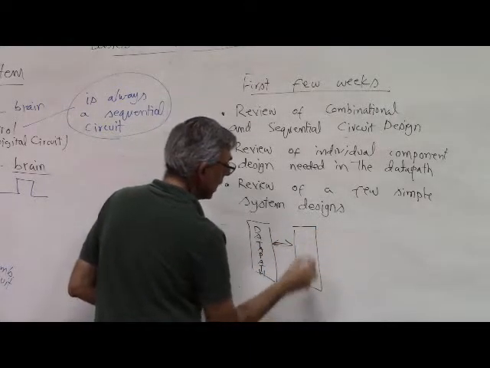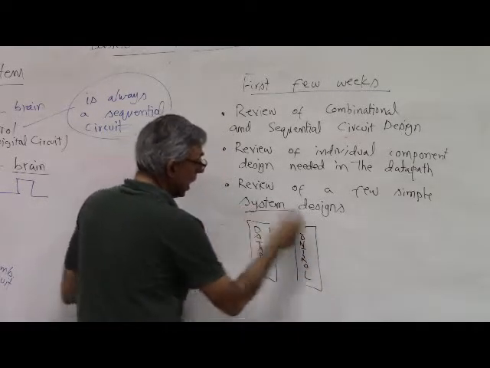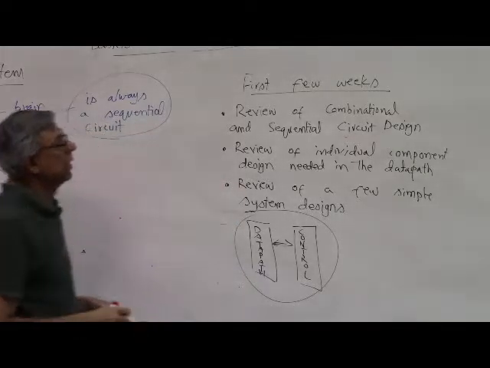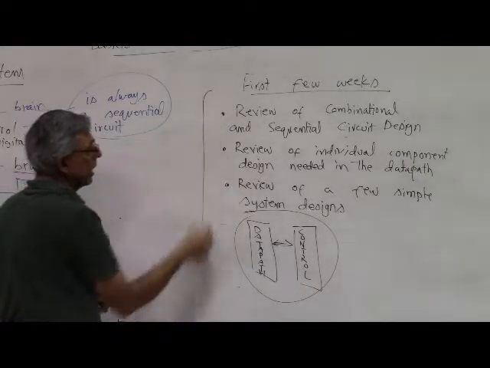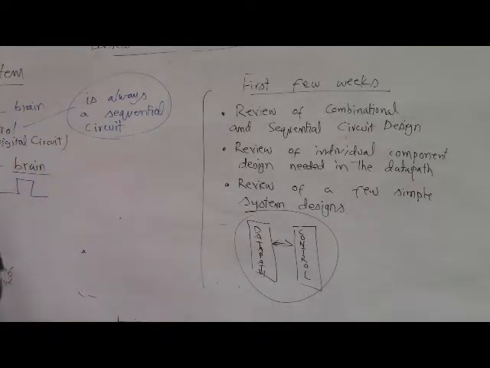So I'll give you some examples of how we make a complete system. I'll be going a little bit fast on this part because I assume you have seen it before, so it will basically be a quick refresher.